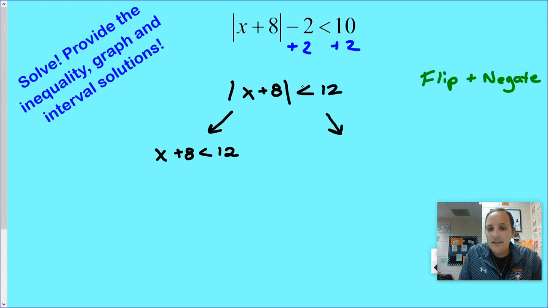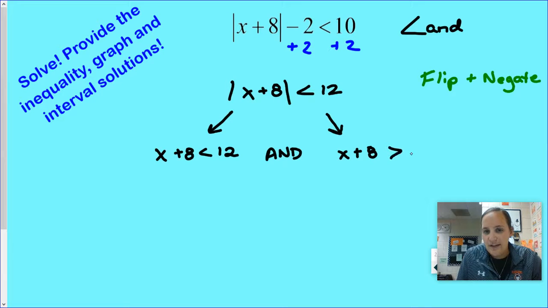So L, this is a less than, it looks like an L, and we call those land problems. So right in the beginning, an L is a land problem, so I should write the word and in between. And now I need to flip and negate. So I've got x plus 8 is greater than -12. I flipped this sign and I negated the answer.